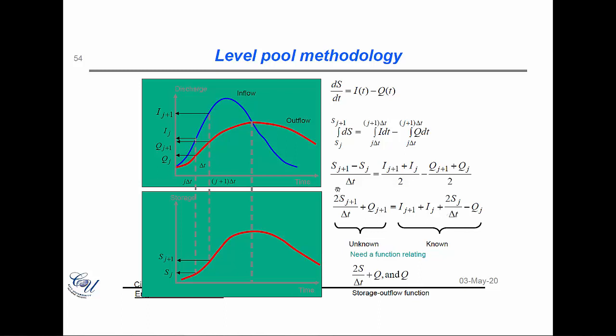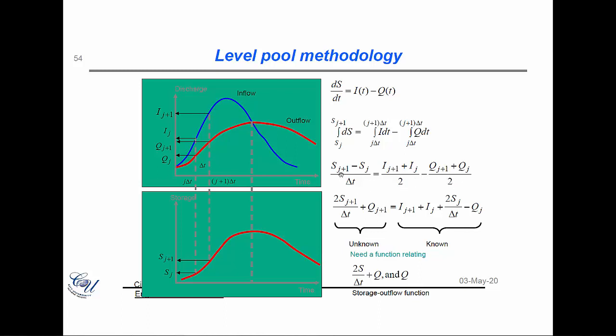And this equation is basically coming from this one: storage of the next day minus the present day, which is the change in storage between the 2 days, is equal to the average inflow minus the average outflow.